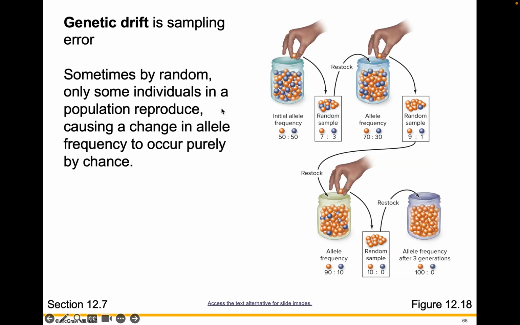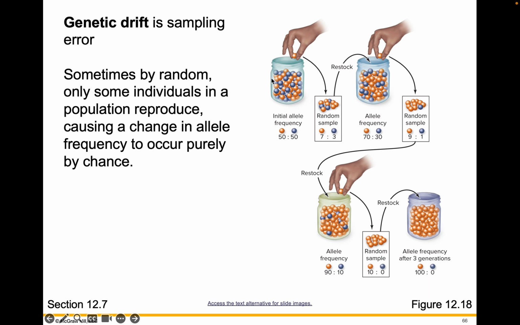Genetic drift is another evolutionary force, and it's basically sampling error. Sometimes, just by random chance, only some individuals in a population get to reproduce, causing a change in allele frequency to occur purely by chance. Drift is strongest when population sizes are small. But this is a nice little visual of it here.